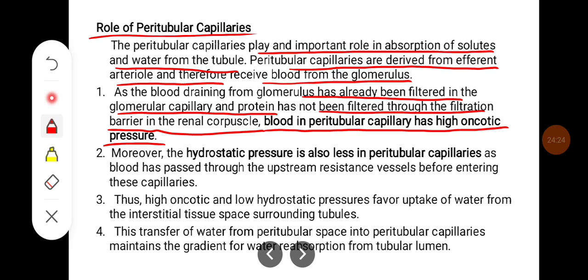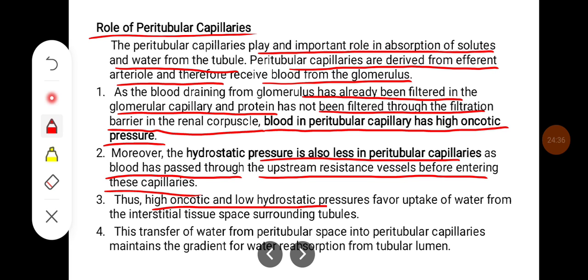Moreover, hydrostatic pressure is also less in the peritubular capillaries as the blood has passed through the upstream resistance vessels before entering these capillaries. Thus, high oncotic and low hydrostatic pressure favor uptake of water from the interstitial tissue space surrounding the tubules.